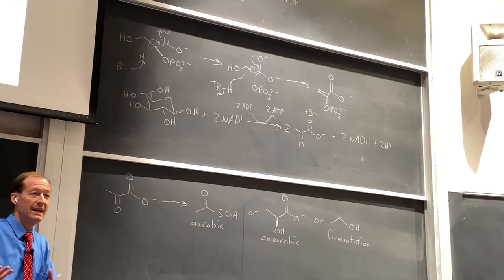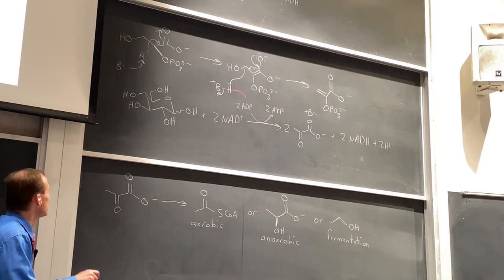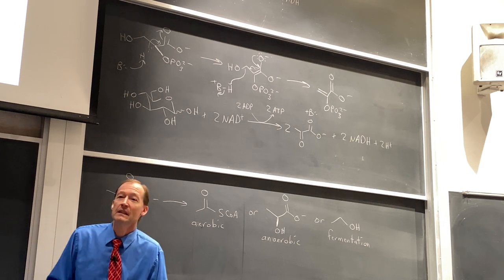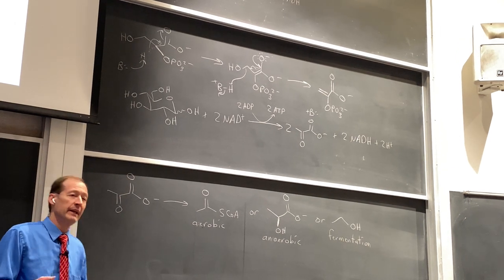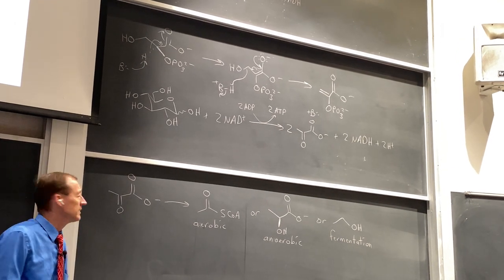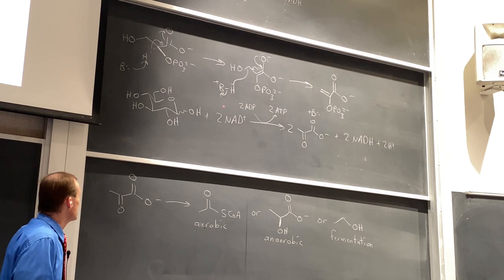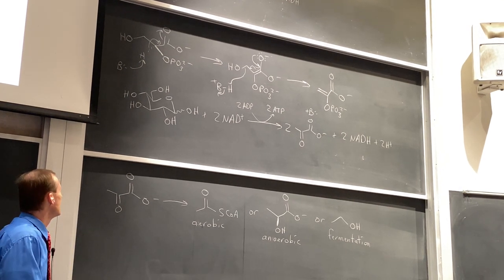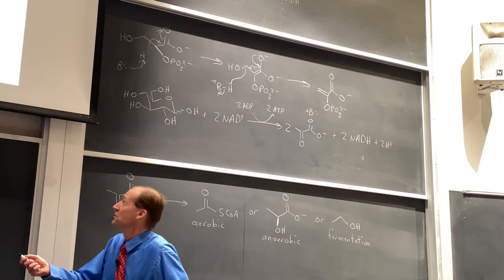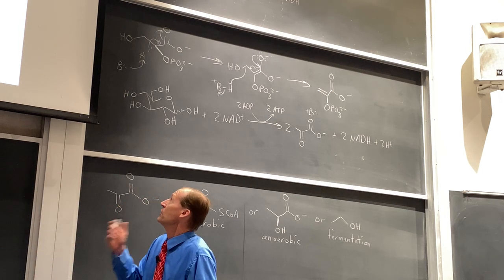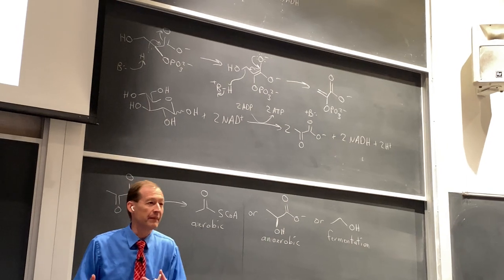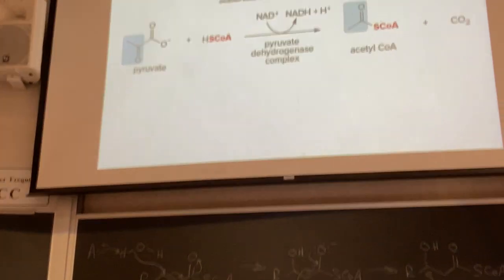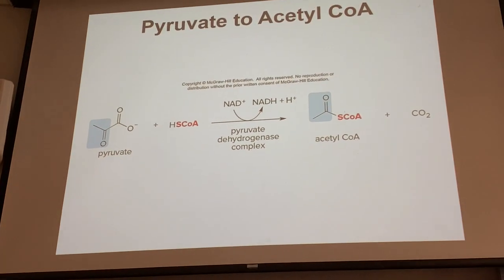And so the body has a pathway using oxygen for turning NADH into NAD plus. So if there's sufficient oxygen present, you're going to have a high enough NAD plus concentration that you can turn pyruvate into acetyl coenzyme A. And then acetyl coenzyme A will get metabolized via the citric acid cycle, which we will see in a moment.